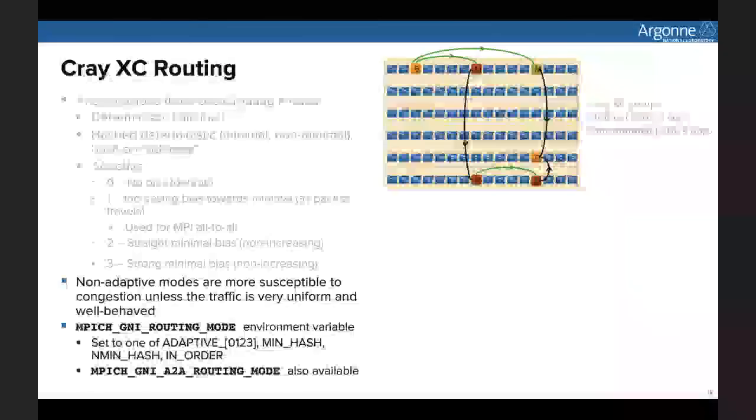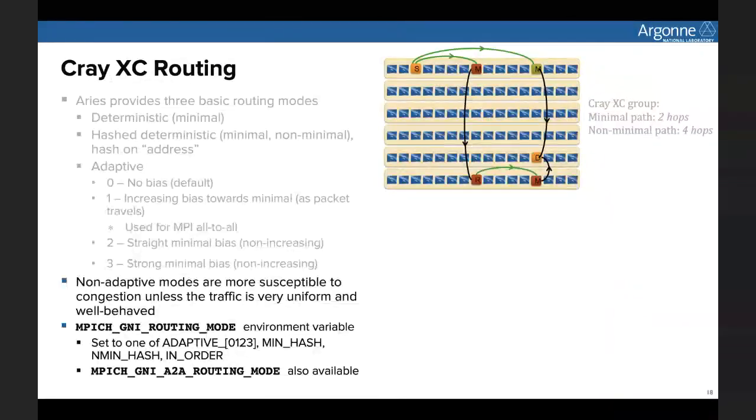If you want to change the default from adaptive 0 to some other routing mode, you could use these options: MPICH GNI routing mode. Or for all-to-all, if you want to change the default from adaptive 1 to something else, you could use these environment variables.